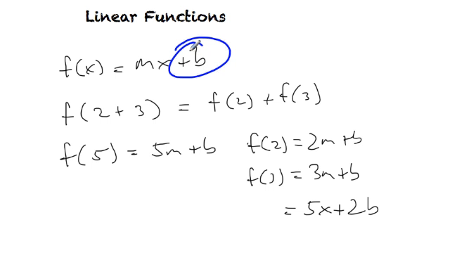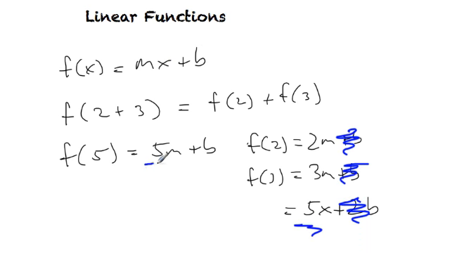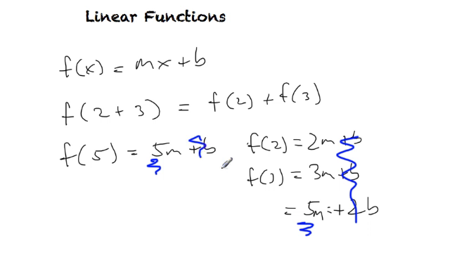If there were no y-intercept, I would have gotten 5m on this side, and 5m on this side, ignoring all the b's. So that's just a word of caution that your standard linear function is not necessarily a linear function because it does not pass through the origin.